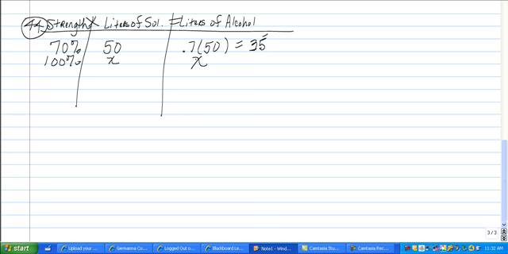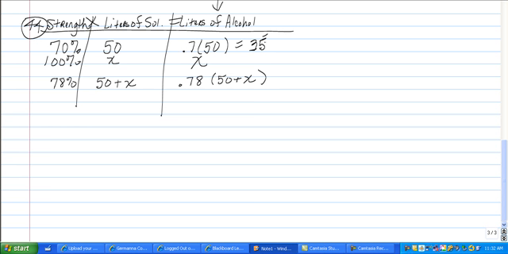Now the end result, we want to end up with 78% alcohol. And that's going to be the 50 we started with plus the x liters of alcohol. So we're going to have 0.78 times (50 + x). So how do we build our equation? Well, our equation is going to come from the last column.